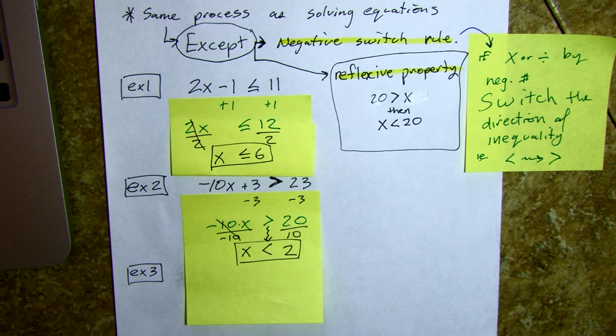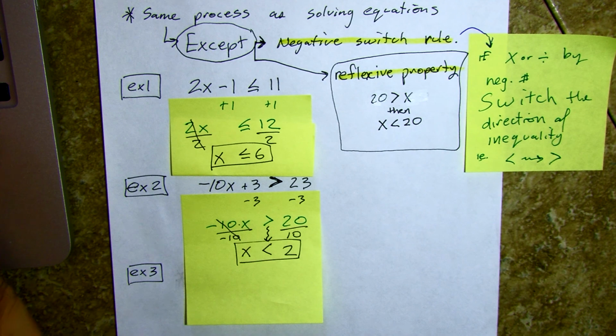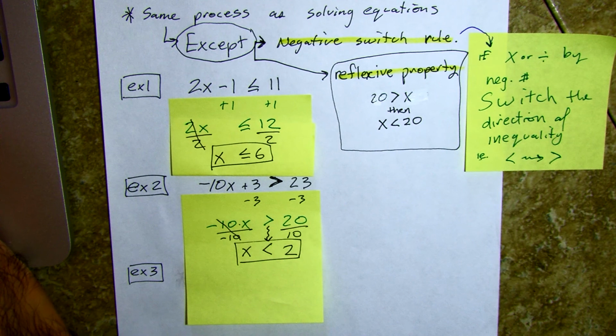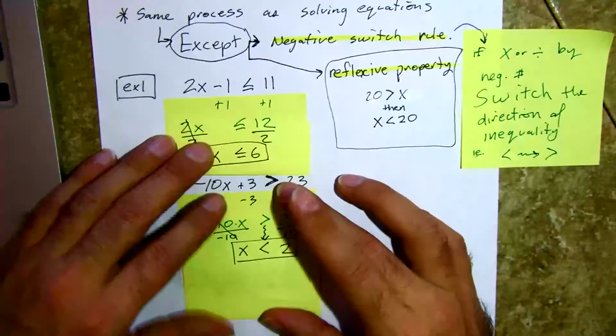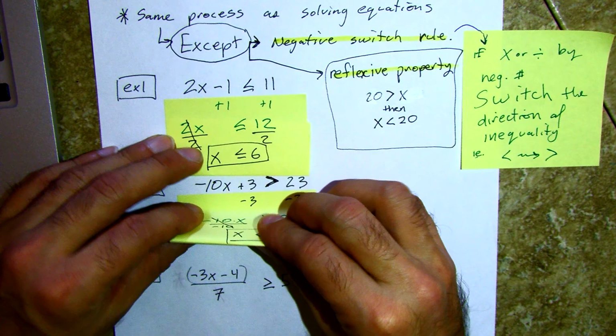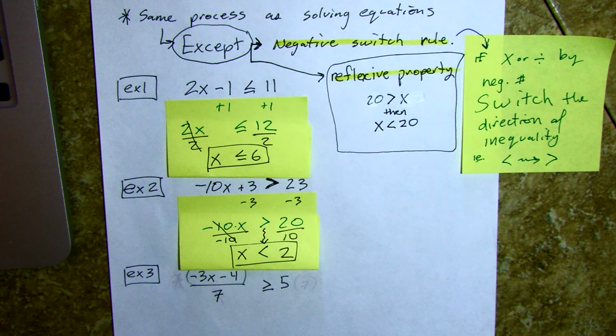This one's a little harder. Somebody tell me in the chat why this last problem I'm going to show is a little bit harder. A little bit trickier. Yeah, it has an extra step to start. That's all.